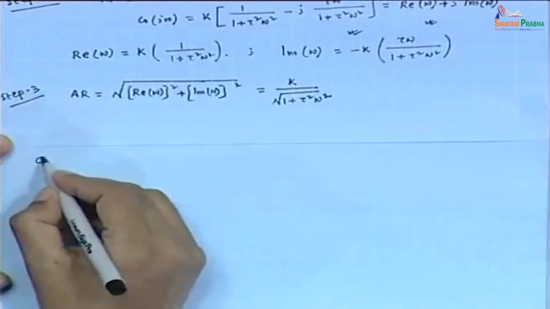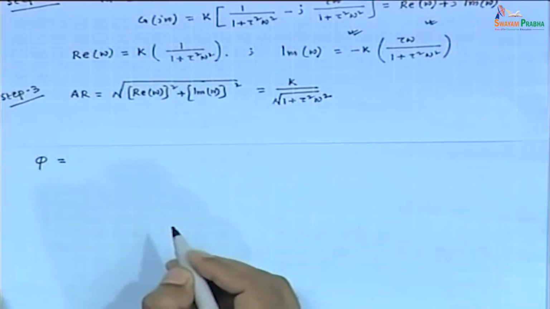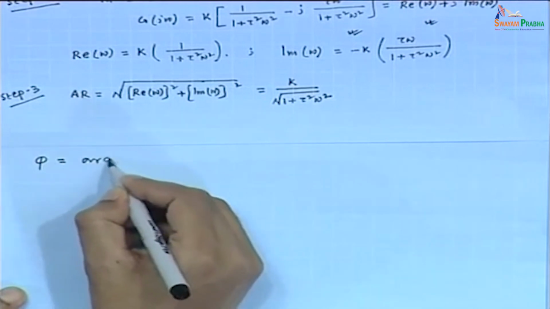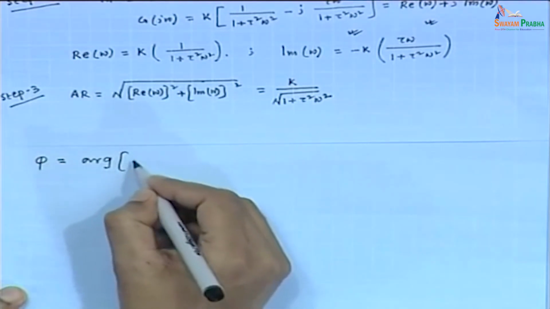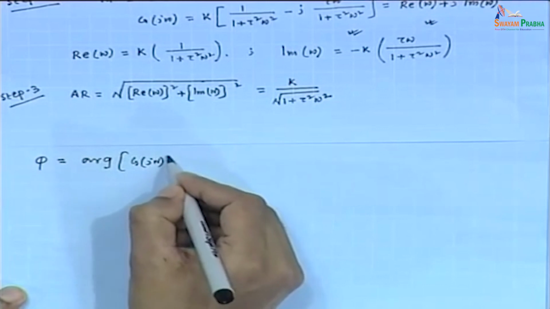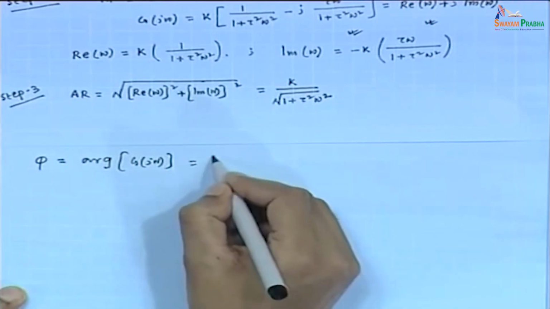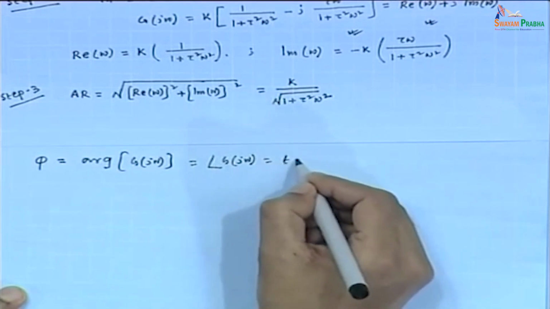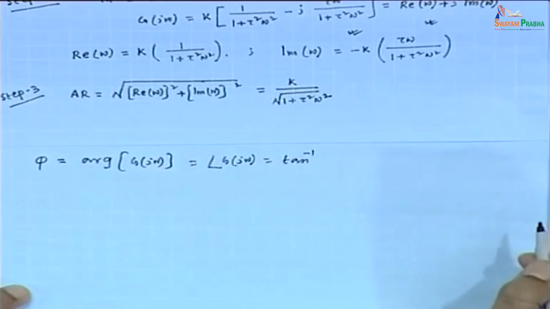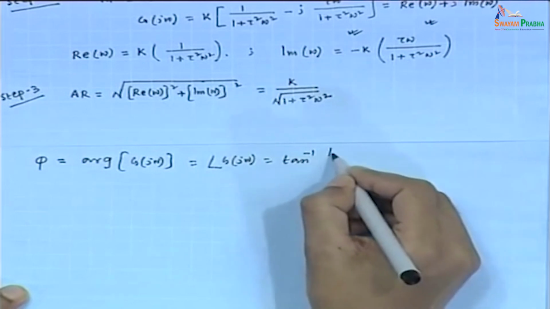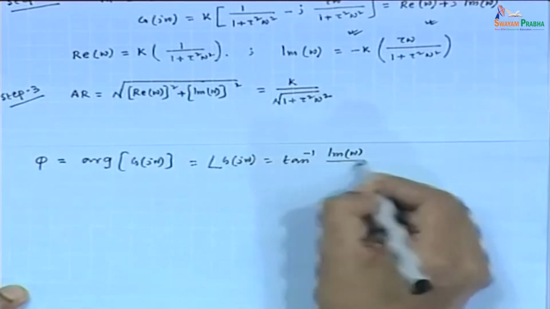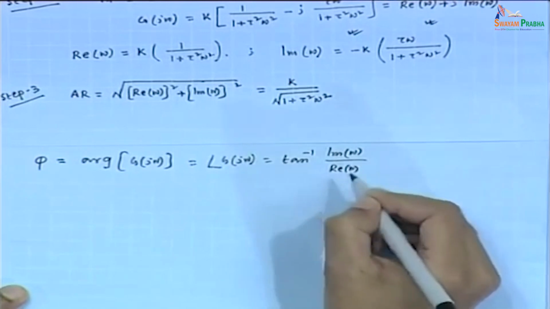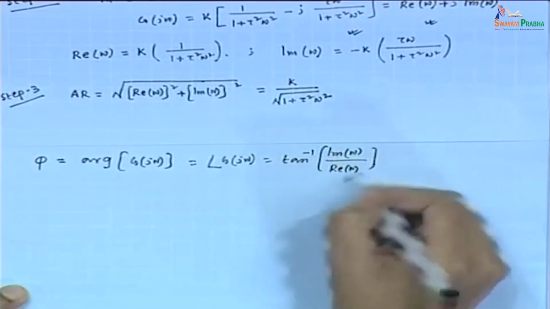Similarly, we can determine the phase angle phi, which is the argument, and this phi equals tan inverse imaginary part divided by real part.